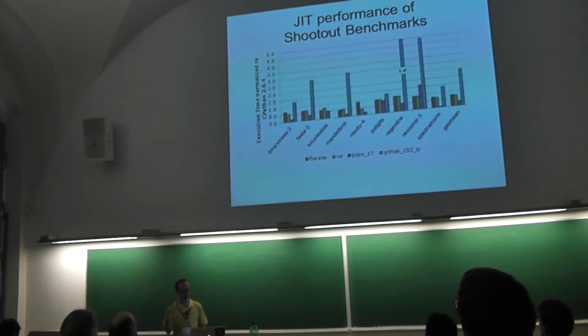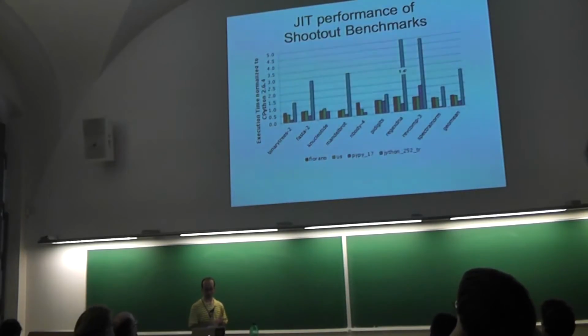1.0 here is CPython 2.6 performance. And so this is comparing IBM's JIT, Unladen Swallow, PyPy, and Jython, which, if you're unaware, converts Python to Java, running in the Java VM, which is also running on IBM's Java VM.